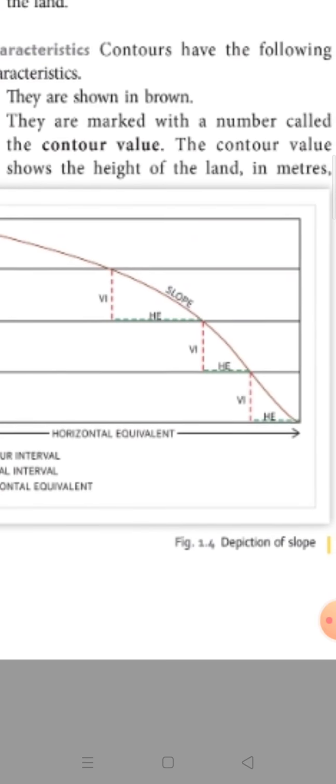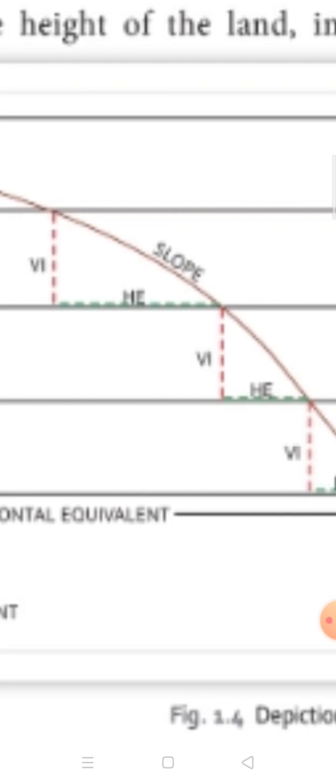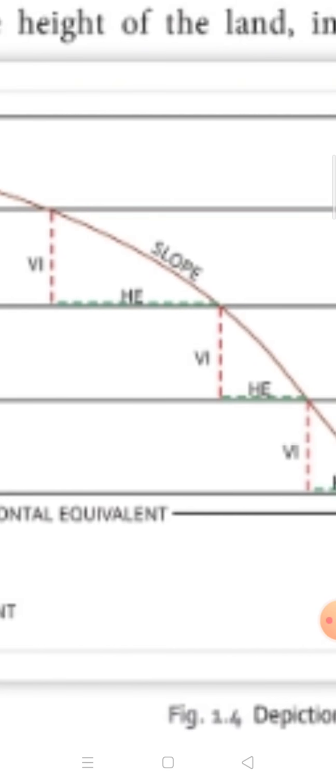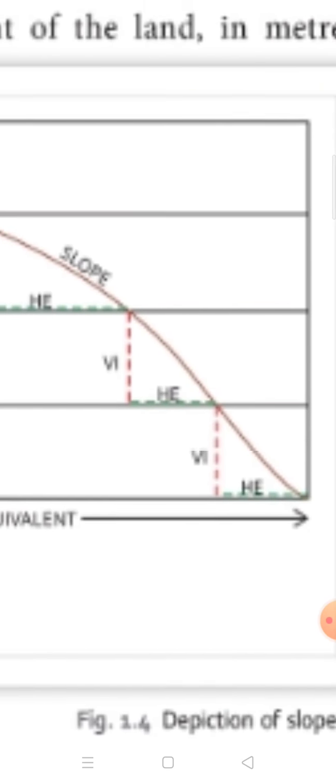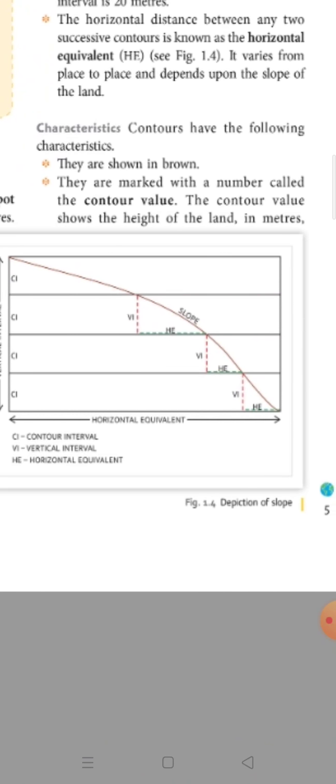Then here you come, that is a slope. First one vertical interval, horizontal equivalent, then vertical interval, then horizontal equivalent. Like this it shows. What are the things shown by the contours? The vertical intervals and horizontal equivalents are shown by the contours.